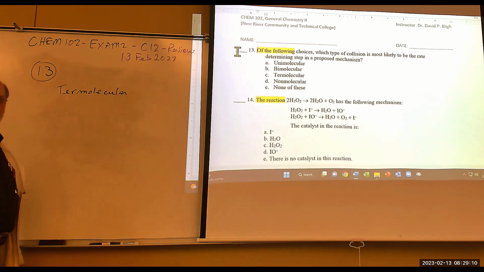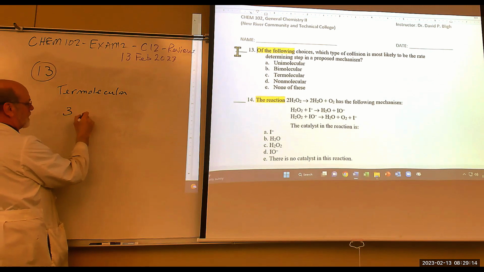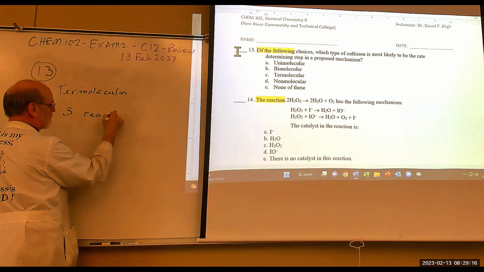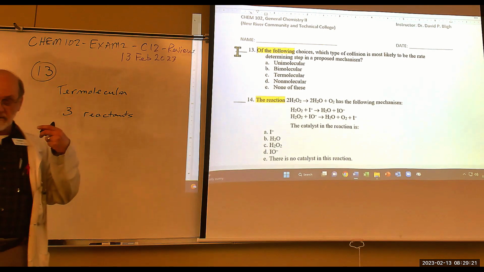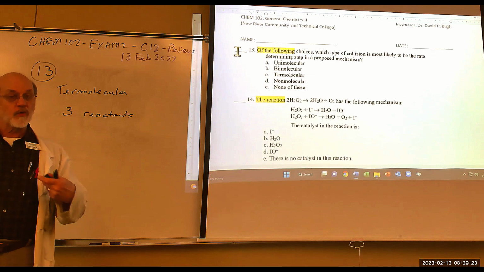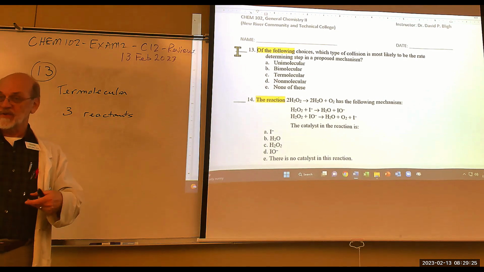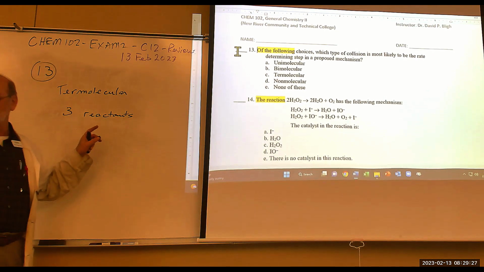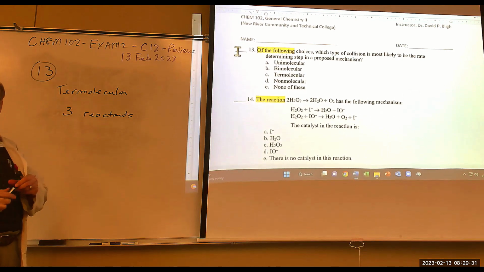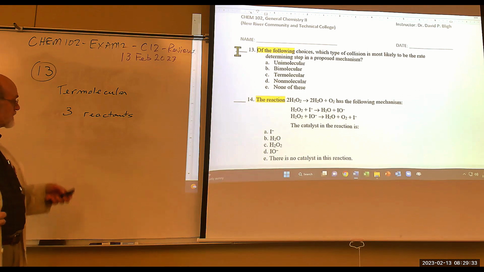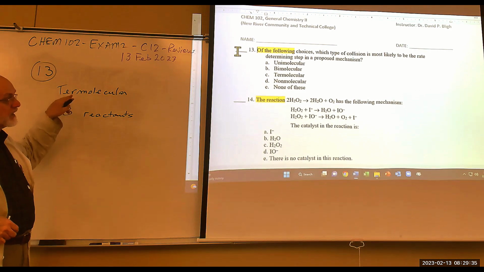The termolecular. Why? Because you have 3 reactants that have to come together with the right amount of energy and the correct orientation. You know what the probability of that happening? Very, very low. So based on probability alone, we can say this is going to be the slowest step.